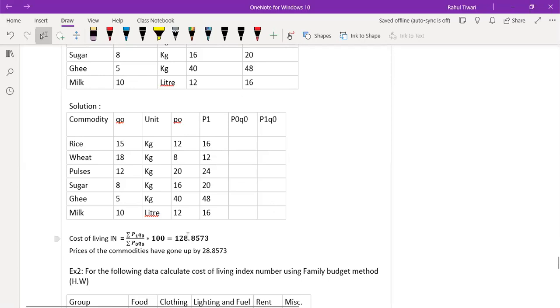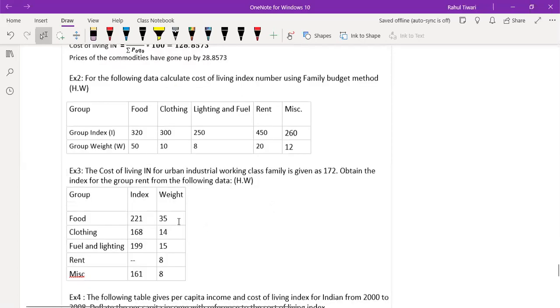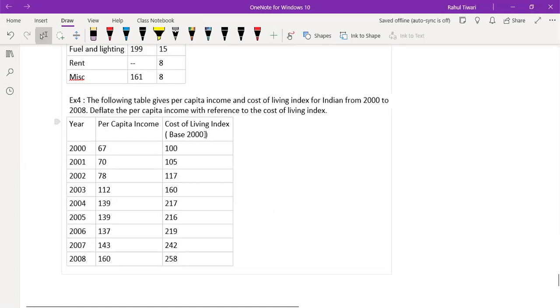Means you can say it is increased. So similarly here they have compared cost of living index number with the year 2000 and they calculated this cost of living index. Okay, this is given. These two things are given to you. They are interested to get the real per capita income with reference to the cost of living.